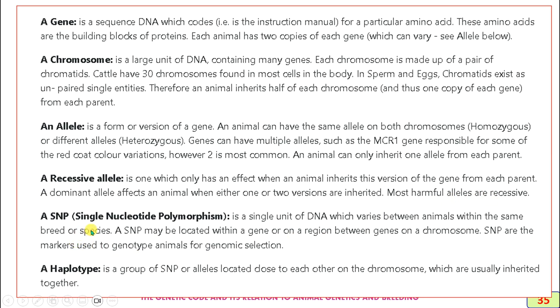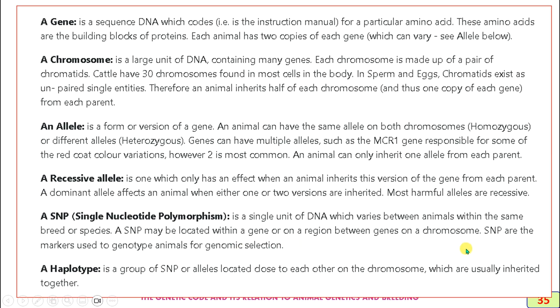SNP means single nucleotide polymorphism. It is a single unit of DNA which varies between animals within the same breed or species. A SNP may be located on a gene or in a region between genes on a chromosome.